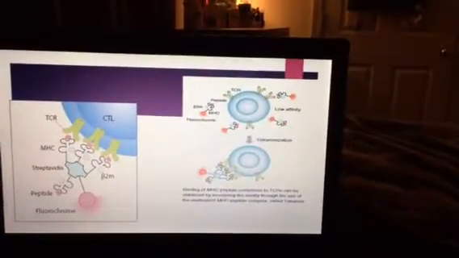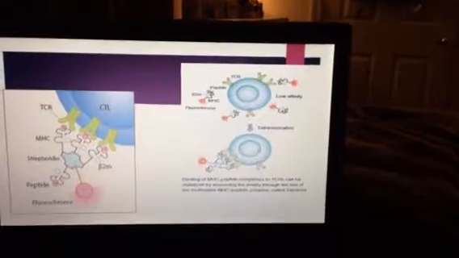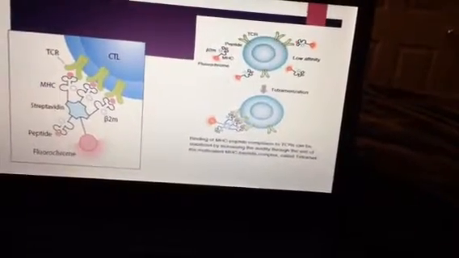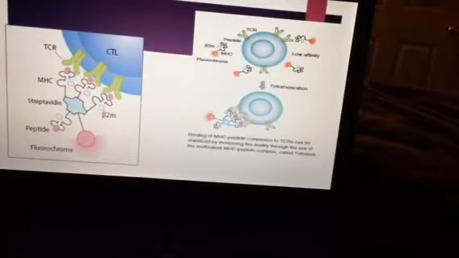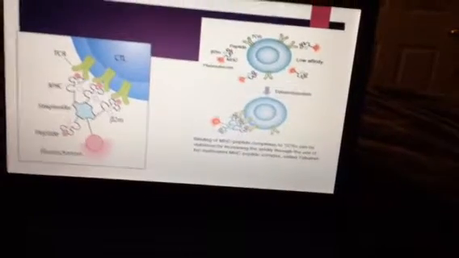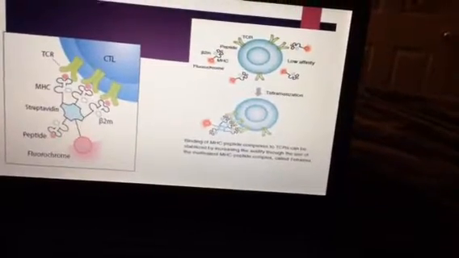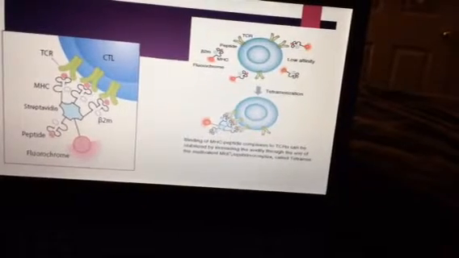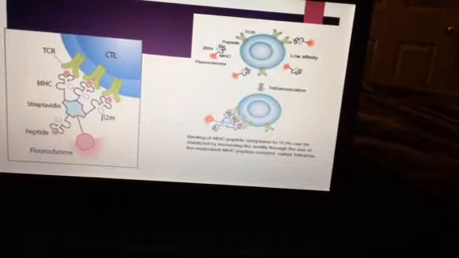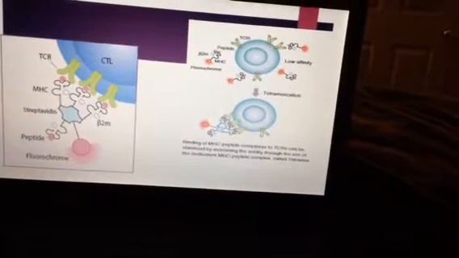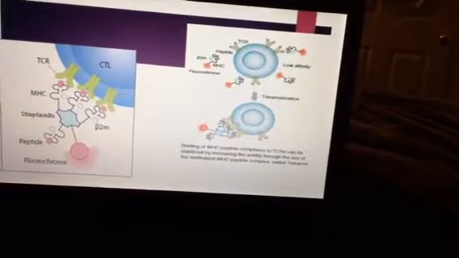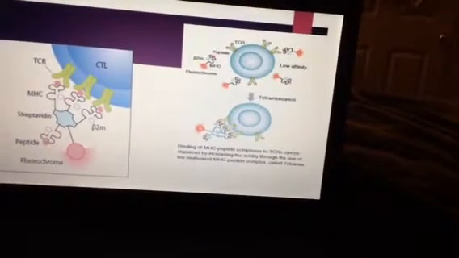Then you have MHC class 2 tetramers, and they are powerful tools used to detect antigen specific CD4 T cell responses. They are mainly used to identify and enumerate by flow cytometry and immunohistochemistry.